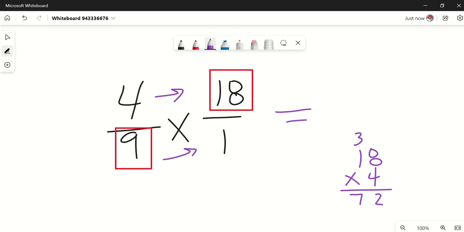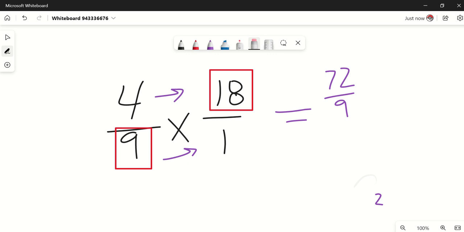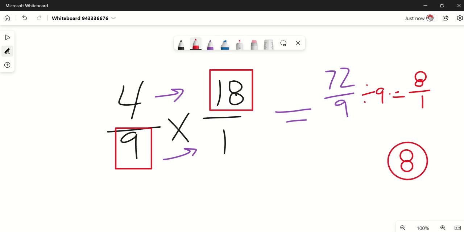So this will equal 72 on this side, and 9 times 1 will be 9. Yay, 72 over 9. I'm going to divide these both by 9, which will give me 1 on the bottom. And I know 8 times 9 is 72, so this will be 8 over 1, or just 8 as my answer. That was without cross simplification.